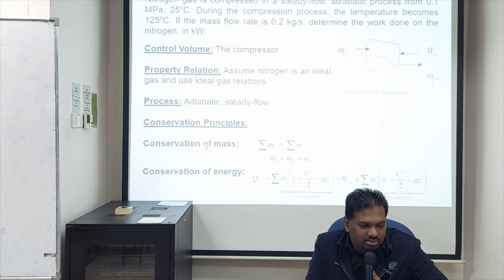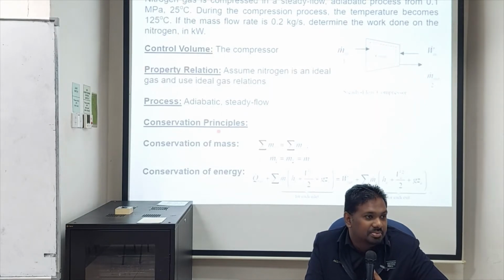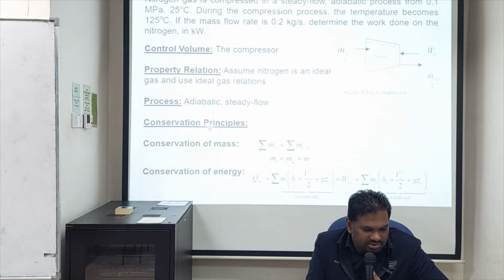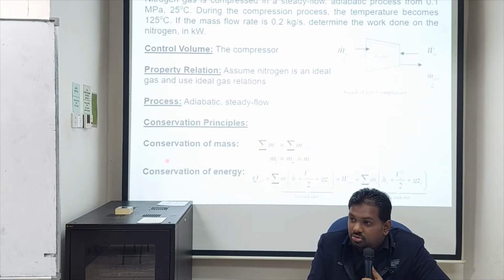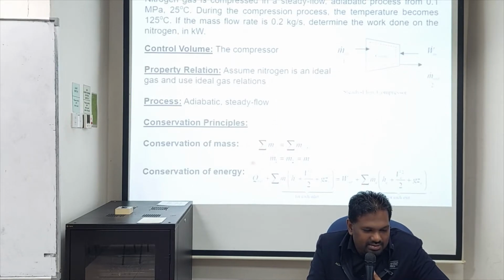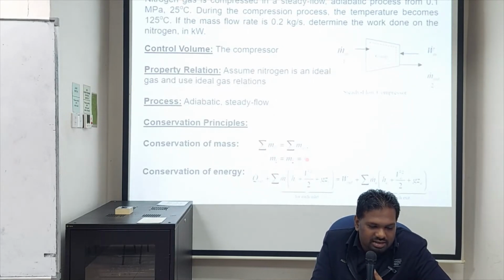Solution first, what you do? You do conservation principle. Okay, conservation principle sebab yang ni one mass in and mass out. So you buat dulu conservation of mass. So total mass in equals to total mass out. So m1 equals to m2. So sebab m1 equals to m2, you just take it as m sebab mass tak berubah.